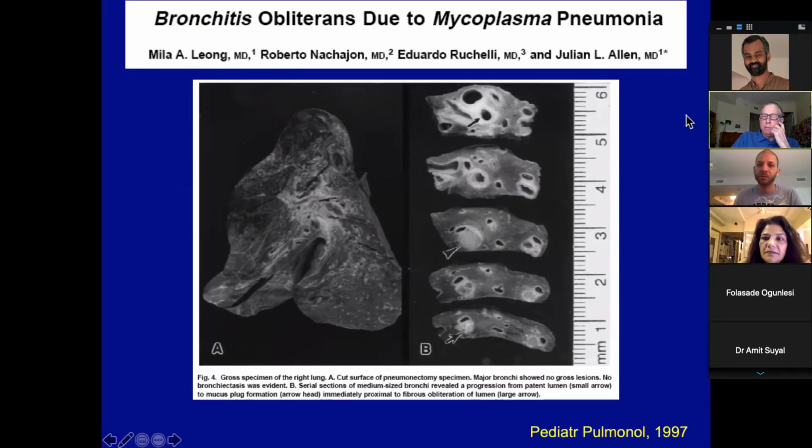This is a paper from 1997 by Jules Allen and colleagues that talks about a child post-Mycoplasma pneumonia that shows obliteration, and I will show you just a few examples on the sample. These are bronchi that are obliterated. This is a section of the lung with areas of obliteration.